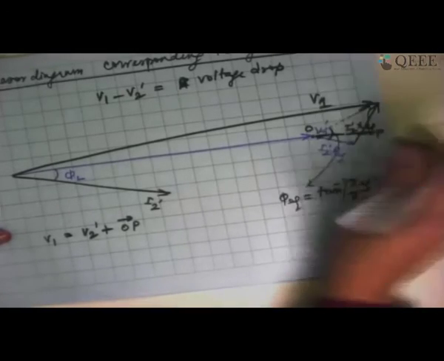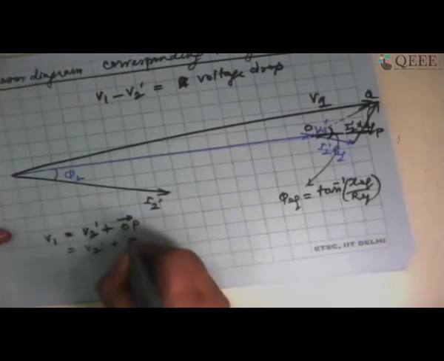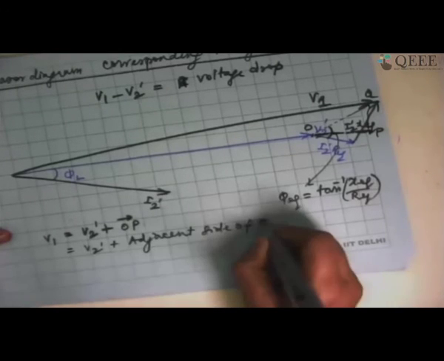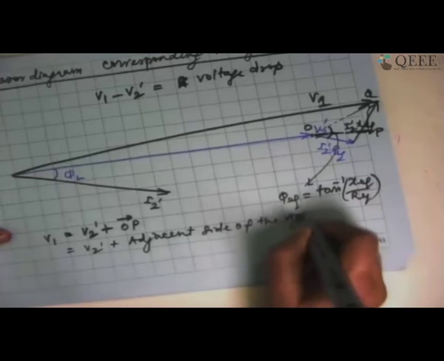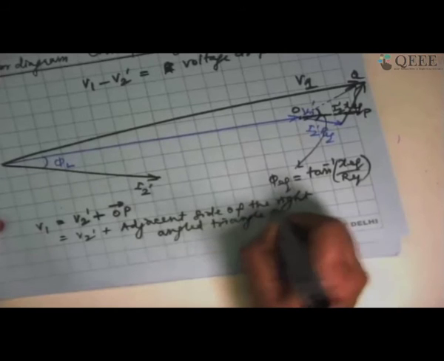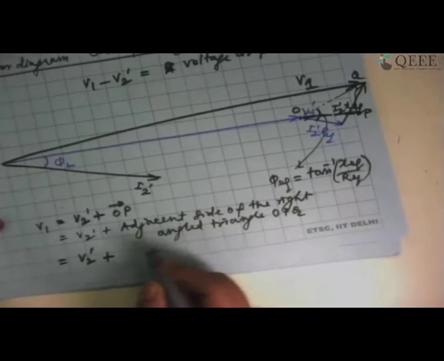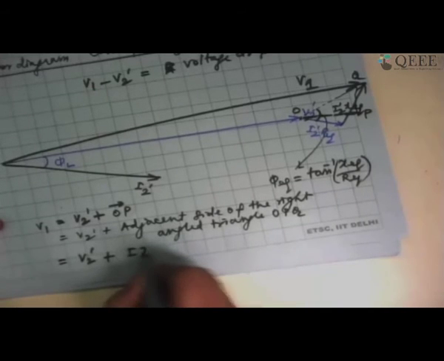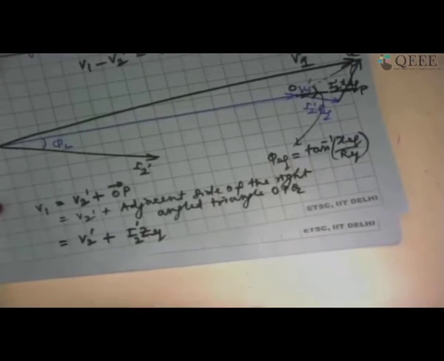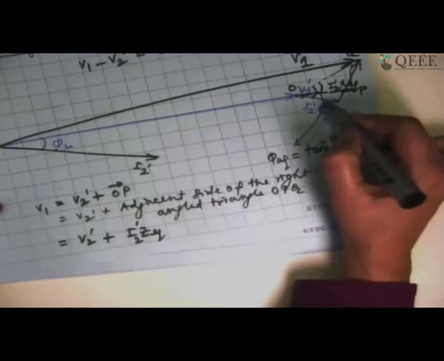Now OP is what? OP is basically the adjacent side of the right angle triangle OPQ. So I can write this as V2 dash plus I2 dash Z equivalent, that is the hypotenuse. So the adjacent side will be this angle. This is phi L, this is phi 2.